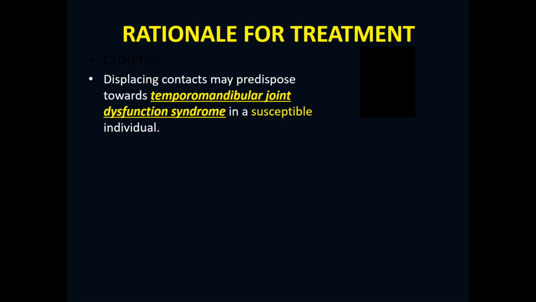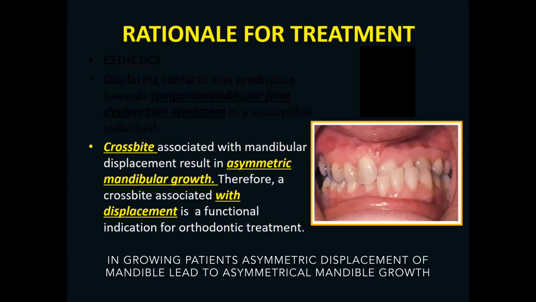And as I said, in some susceptible patients, the anterior crossbite could be a predisposing factor toward the development of TMD. This may lead to the development of asymmetric growth of the mandible.